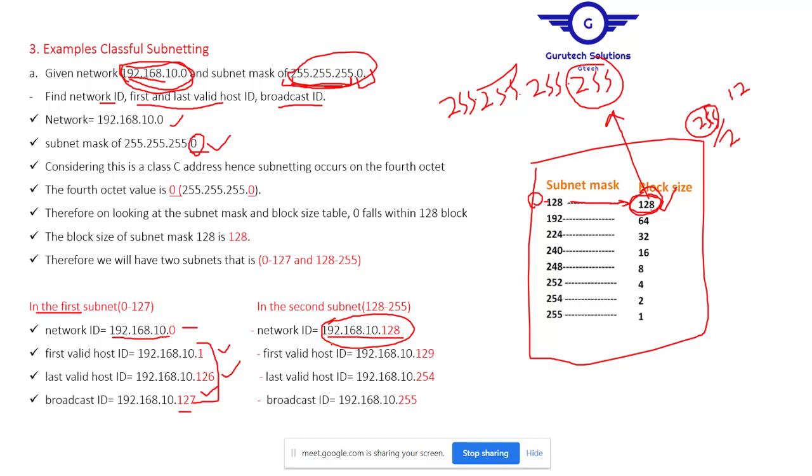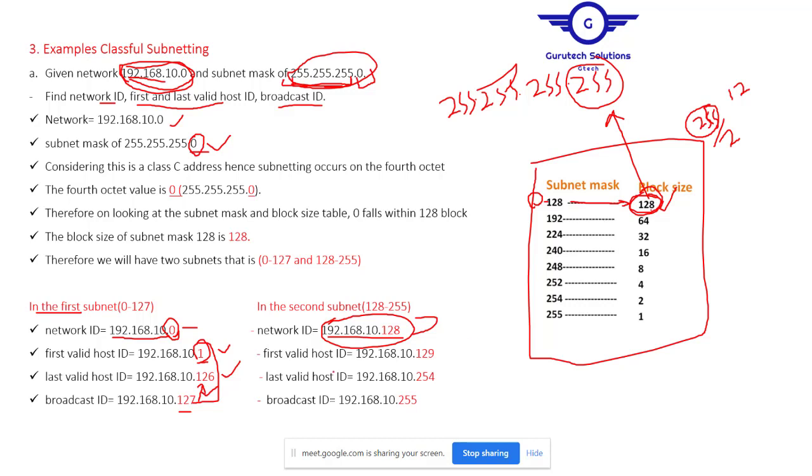Subnetting is kind of challenging, but when we handle a lot of problems, we will understand it better. That's why we come up with the first valid ID as this one, because this one was network address .0. It's a network ID. Now the first valid host ID should take +1, okay? And for the broadcast, you take 1 from this one to put here. And for the last valid host ID, you take 1 from the broadcast also to come up with 126.